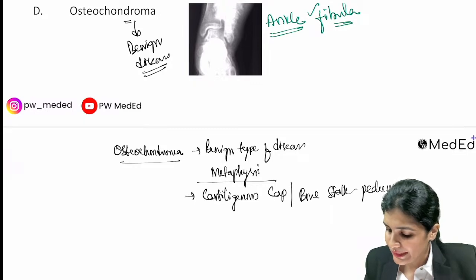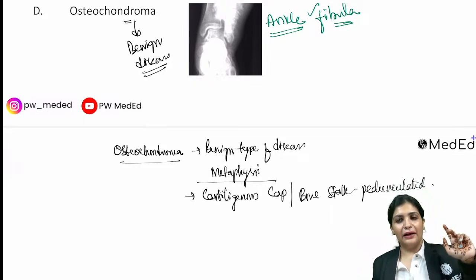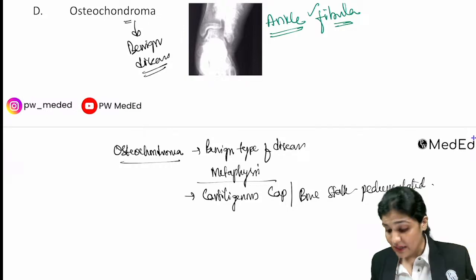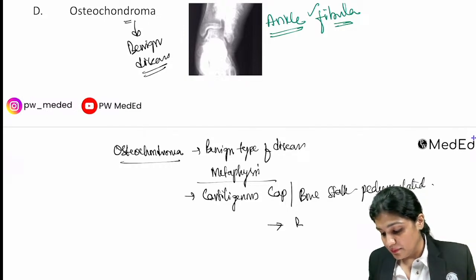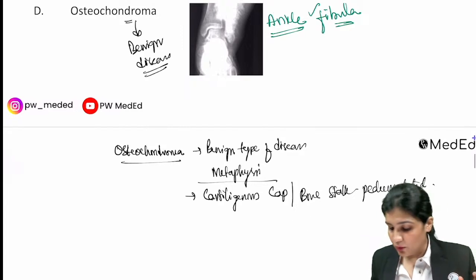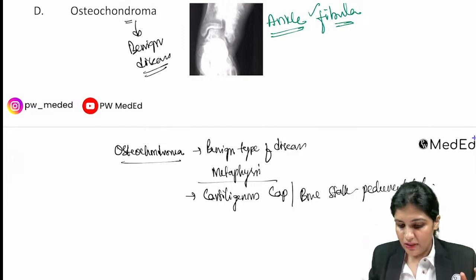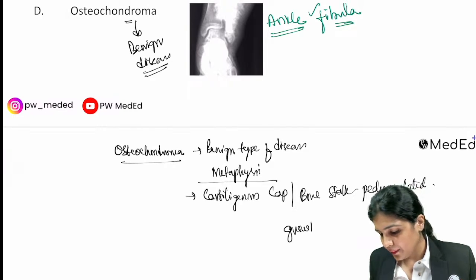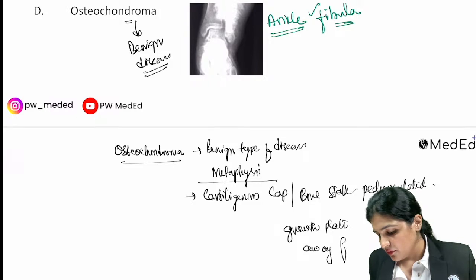So it is pedunculated, and there are two varieties: it could be pedunculated, it could be sessile. It is seen near the growth plate, growing away from the joint.